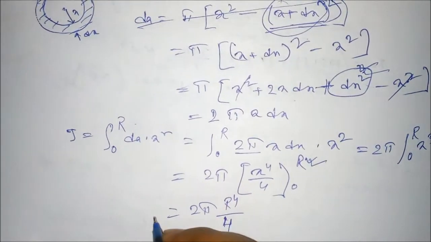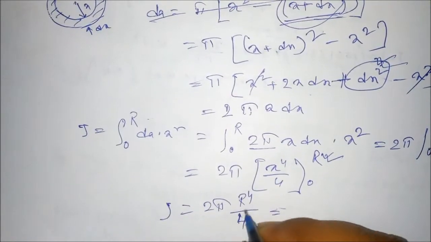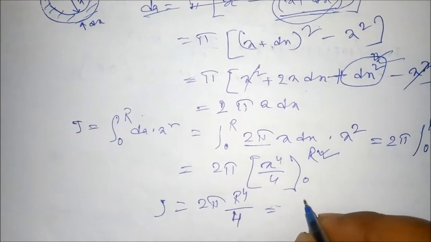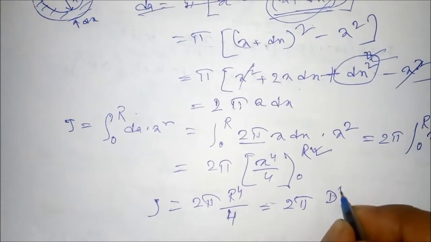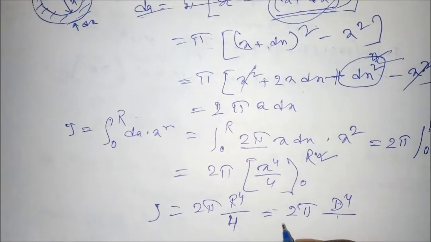This is the value of J. Now if you denote this in terms of diameter, not in radius, we will get 2 pi d to the power 4 by 4 to the power 4 multiplied by 4.